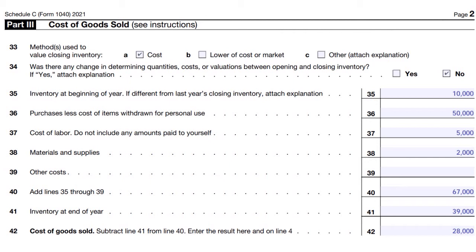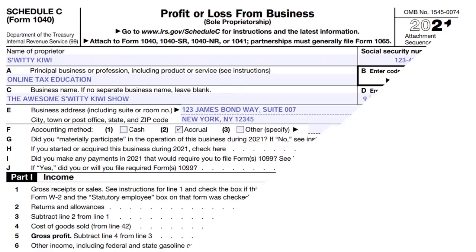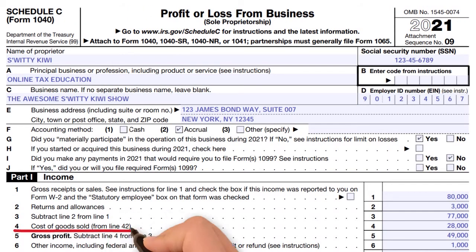So when you do 67 minus 39, you get 28. Did you get that? All right. If you go back to part 1, remember part 1? I want you to look at part 1 right now. Do you see line 4? Cost of goods sold, 28,000. That's how we got the 28,000.